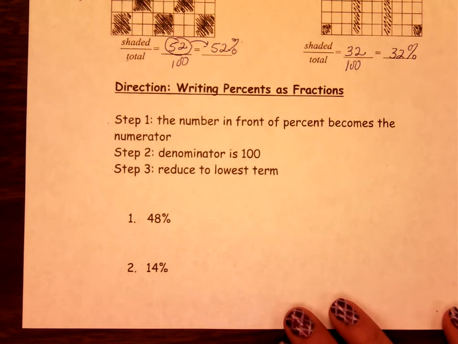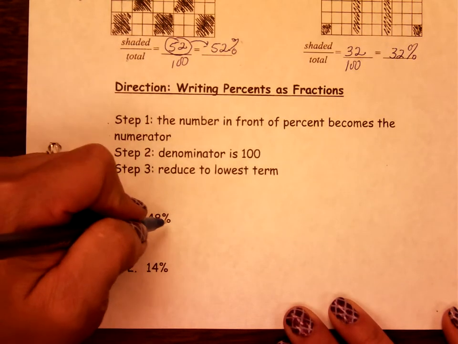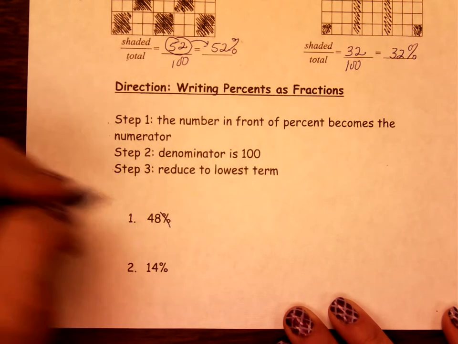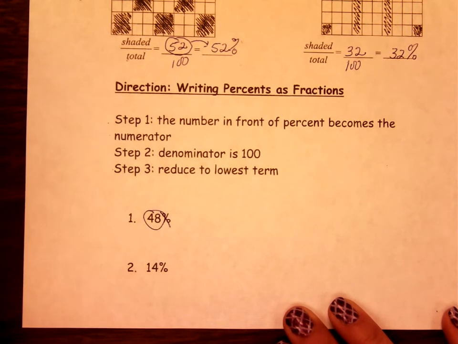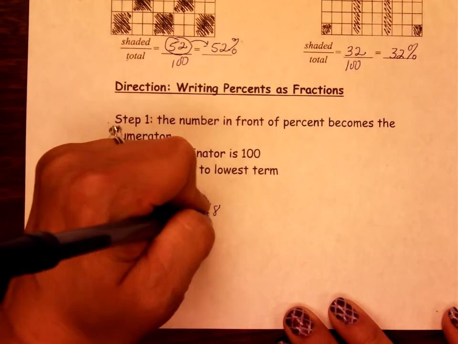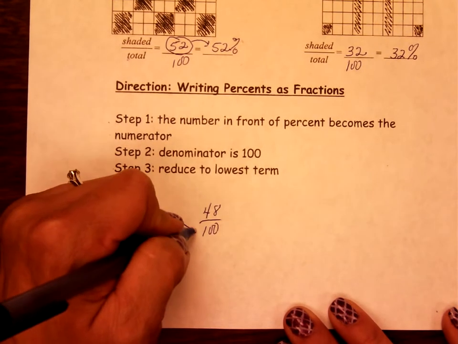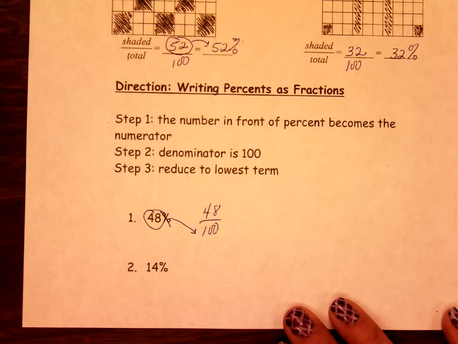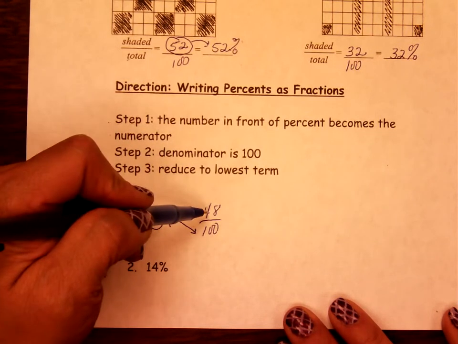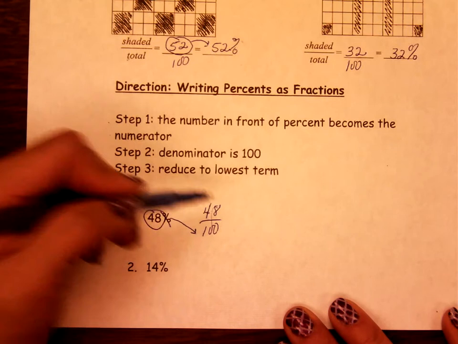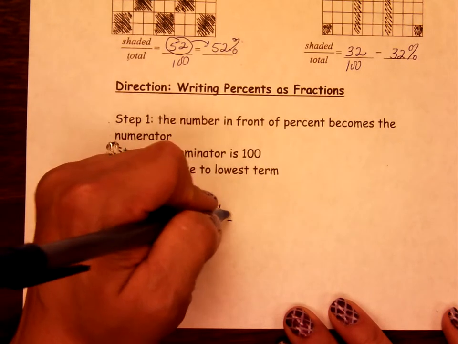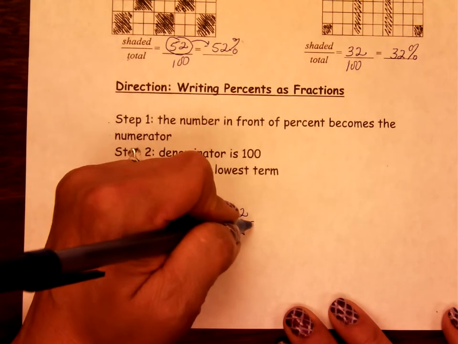First you cross out the percent, and whatever's in front of the percent is your numerator, so 48. Your denominator is always 100 because percent means out of 100. Now you have to reduce. Since they're both even, a number that they both go into would be 2.